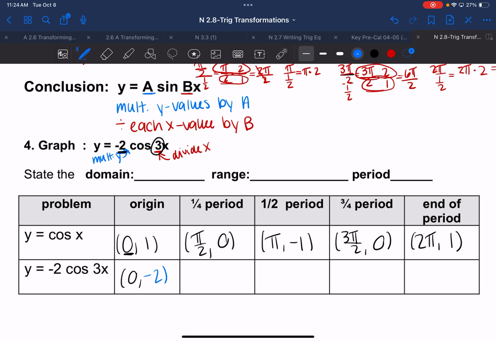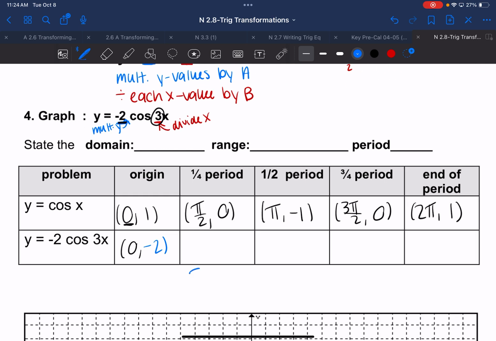Okay, for pi halves, I'm supposed to divide by 3. So that'd be pi halves over 3. What's that going to look like if we keep, change, flip?